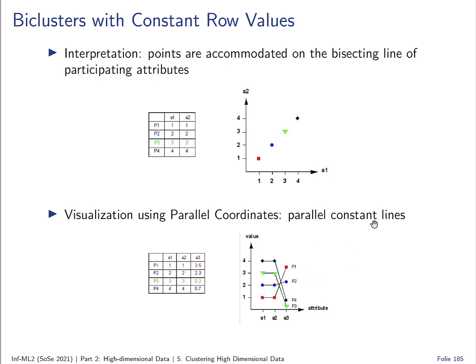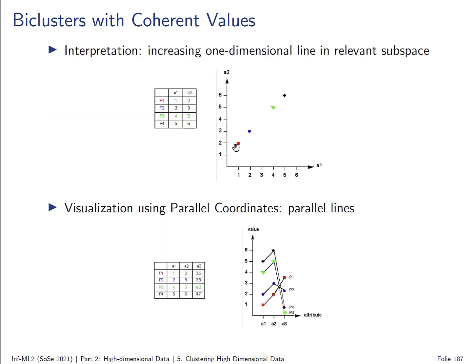The combination now is, spatially, these hyperplanes, these lines that need not be on the bisecting line, and here parallel lines that need not be identical anymore. So parallel lines in the relevant attributes A1 and A2, and of course again an arbitrary spread in the attributes which are irrelevant, which are not part of the submatrix here. So those are the biclusters with coherent values, and that is the most general part so far.